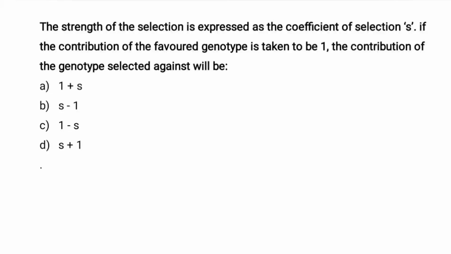It is a number between 0 and 1. Suppose S is equal to 1, then selection against the genotype is total and it makes no contribution to the next generation. If S is 0, the genotype is not selected against at all.